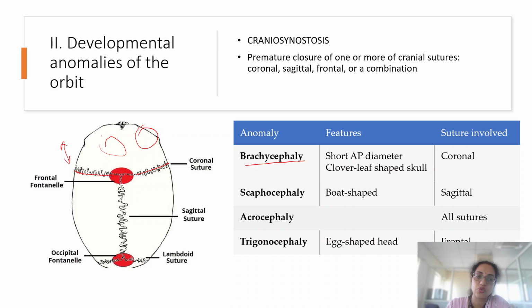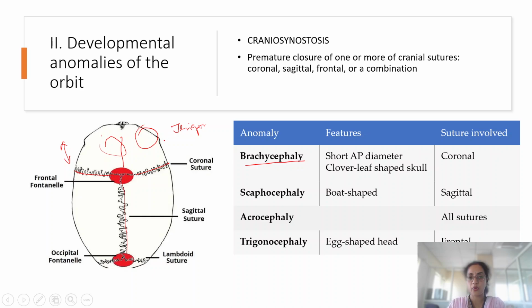When the sagittal suture fuses early, the skull becomes boat shaped. This is known as scaphocephaly. When the frontal suture fuses very early, you get an egg shaped head, and that is called trigonocephaly. When all sutures fuse early, you get acrocephaly.